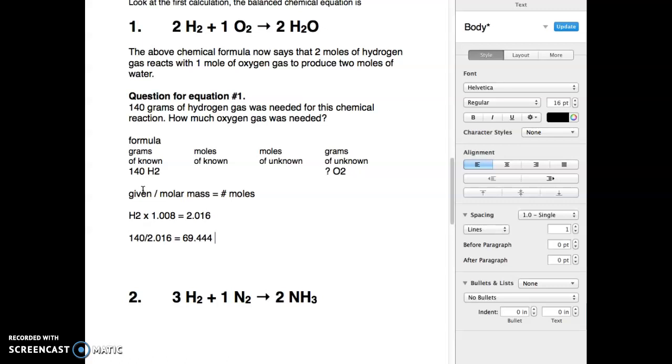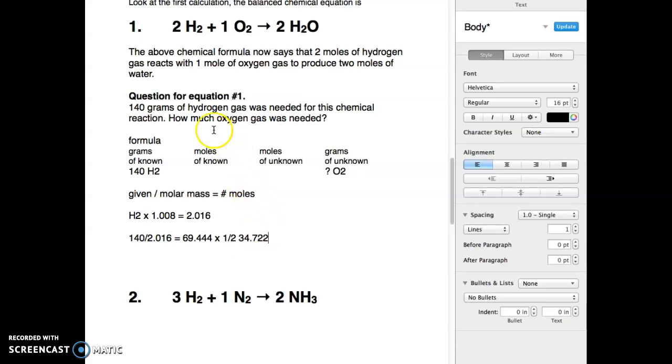Then what you have to do is multiply this by the coefficient of your unknown divided by the coefficient of your known. So in this case, you have to multiply it by 1 over 2, because oxygen gas is your unknown. So therefore, you take 69.444, round it to that, please, and it comes up to 34.722.